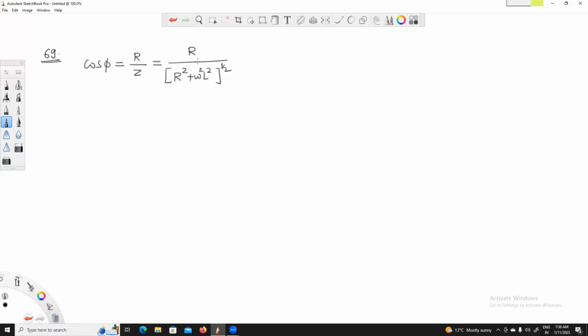L is given, 50 hertz is given. So let me first find omega L. Omega is 2 pi into 50 hertz into inductance given 3.5. So 100. I use the value of pi as 22 by 7, into 100, which means this is 350.